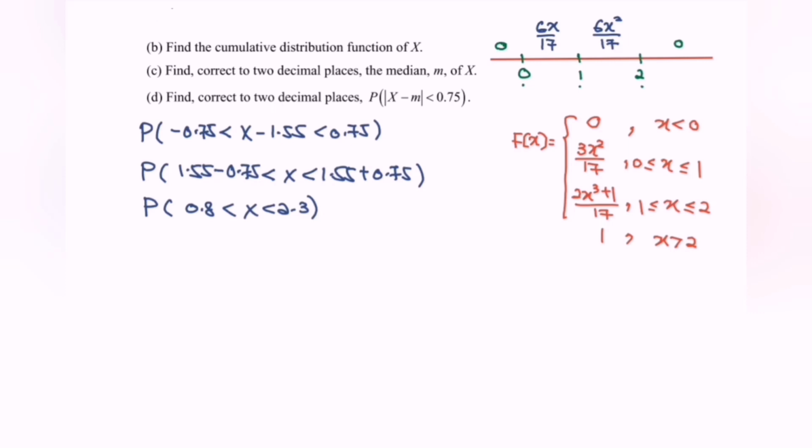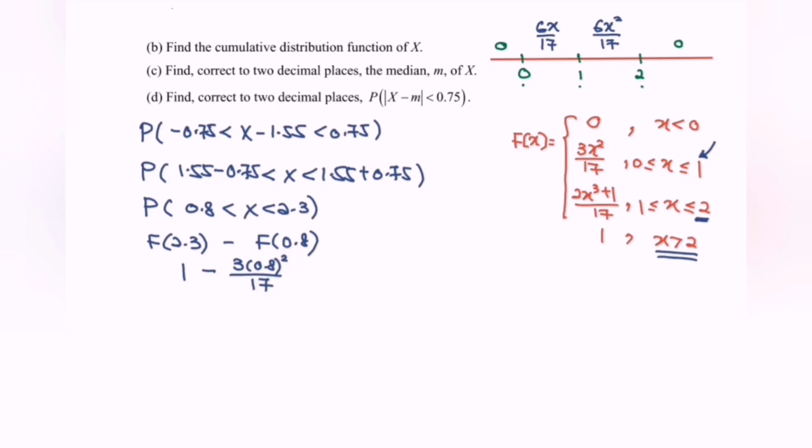By referring to the situation, the maximum is 2. So here we have F(2.3) minus capital F(0.8). Kindly refer to the function. Here the maximum is 2, so for F(2.3) we refer to x greater than 2, where we have 1, minus F(0.8). The 0.8 is located in the second function, so 3 multiplied by 0.8 squared over 17.